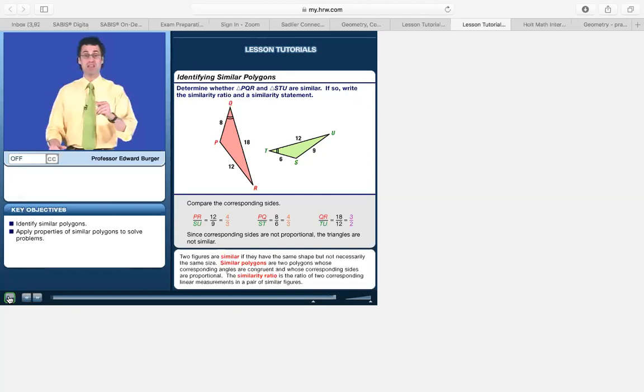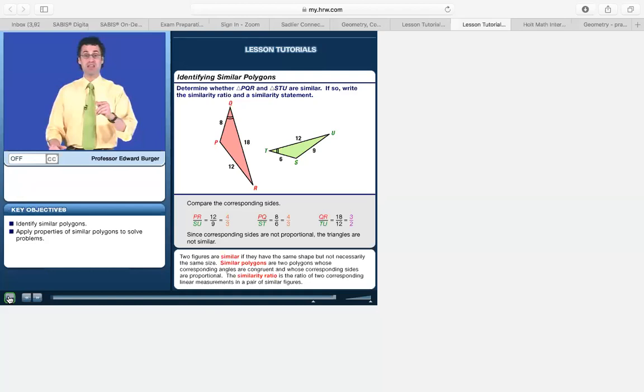Okay, who will tell me the corresponding side for S? 12. Yes, 12 is TU. Excellent, Malak. And what is the corresponding side for P? QR. So this is the problem that we face: when I divide both, they gave me 3/2.